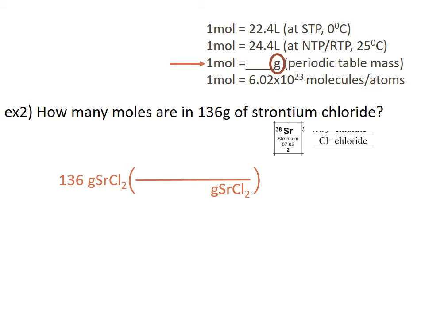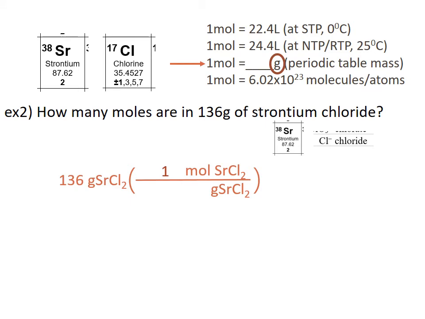And I know that because the only conversion up at the top that has grams is the one that says 1 mole equals blank amount of grams coming off the periodic table. So we're going to be switching grams to moles. And it tells us that 1 mole of SrCl2 equals the mass off the periodic table. So I'm going to have to add 1 strontium to 2 chlorines.